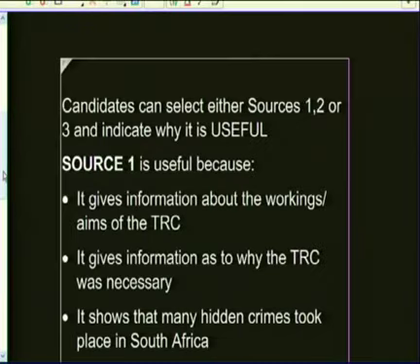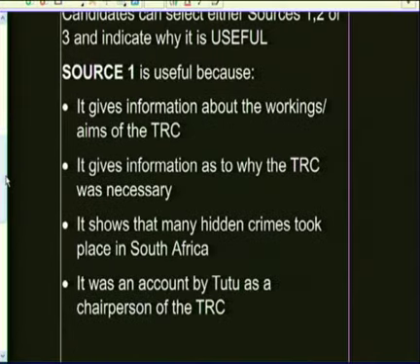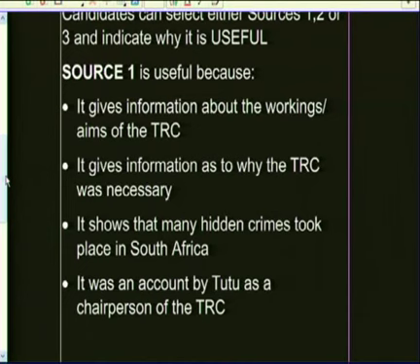So, you can choose either source 1, source 2, or source 3, and then indicate how it was useful. So if you choose source 1, you'll say it was useful because it does give information about the workings or the aims of the TRC. Remember, it was that source about the aims of the TRC by Archbishop Tutu, and then there was a visual source underneath it where Dala Omar is holding a lamp walking towards the haunted house. It gives information as to why the TRC was necessary in order for the country to move forward, to reconcile.